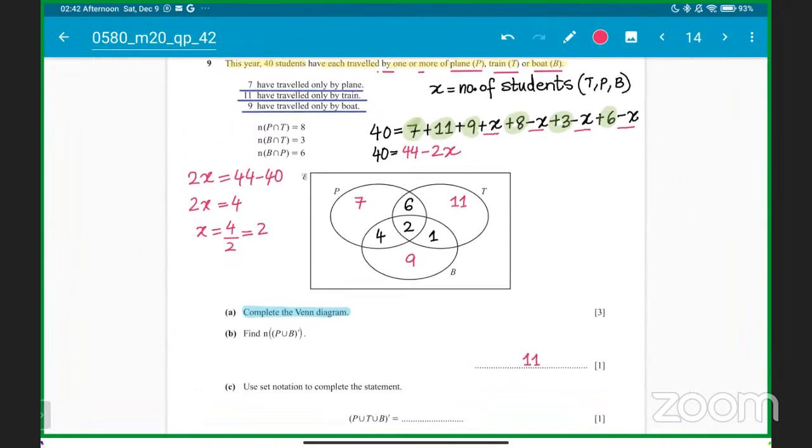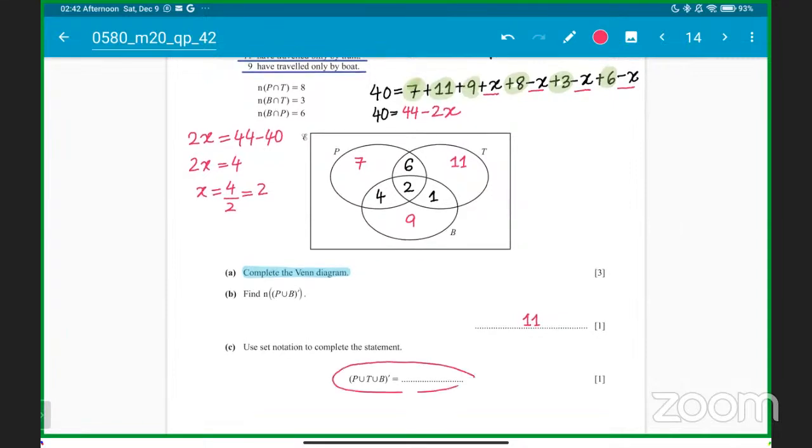Yes. Okay. Then what about the answer for this one? Use set notation to complete P union T union B complement. Think about it. So what will be the answer? Again, they're asking a similar type of question.